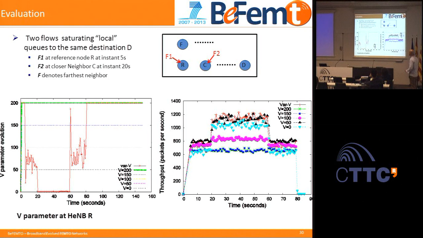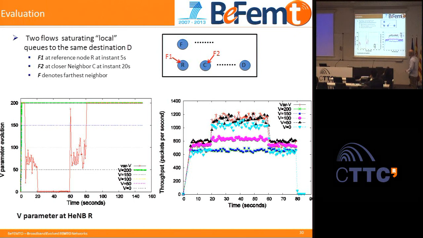At instant 5, there is this saturating flow at the reference node, and what the home node B does is to auto-configure the V parameter to increase the degree of load balancing, which means decreasing the V parameter.